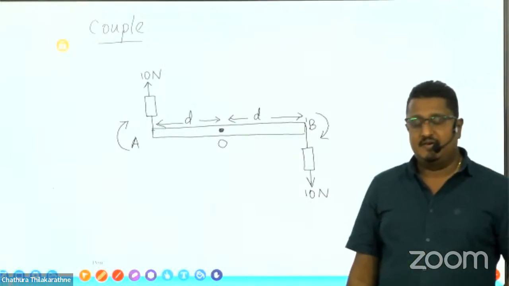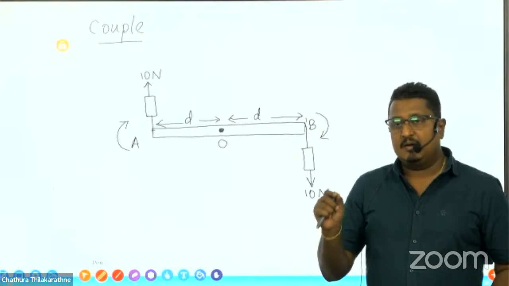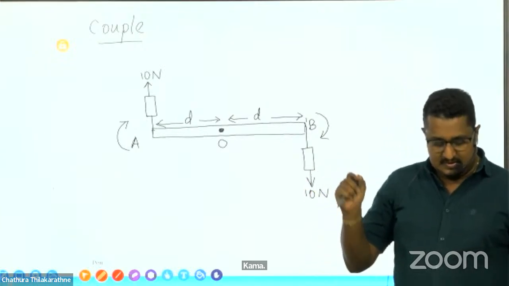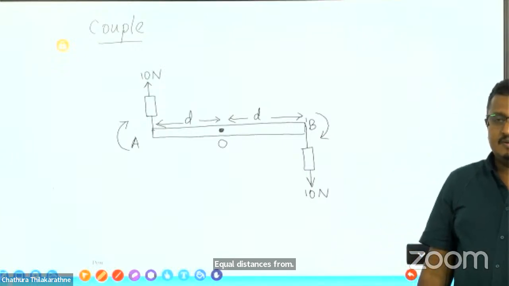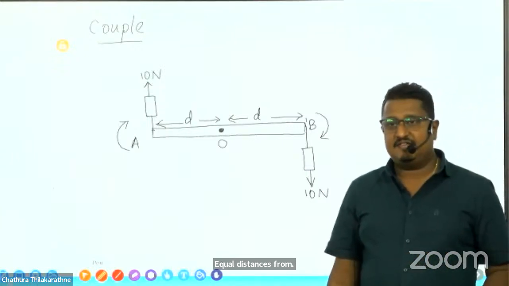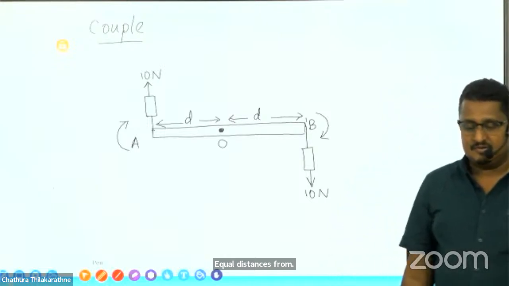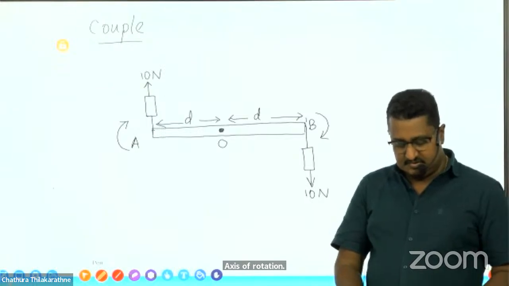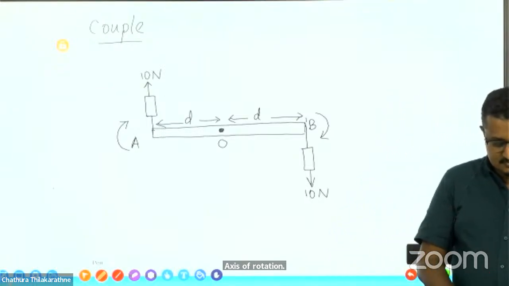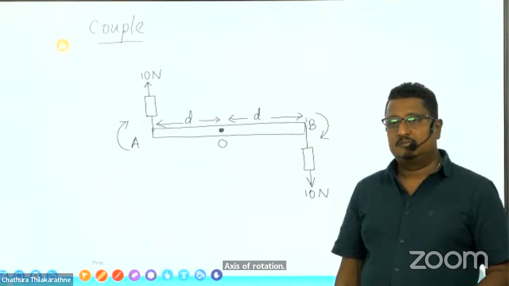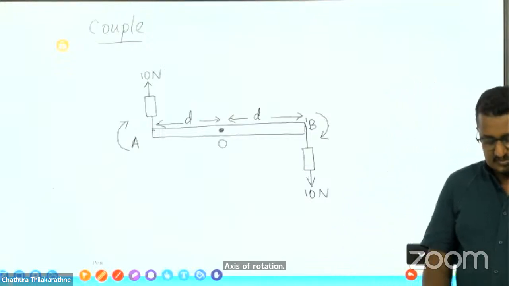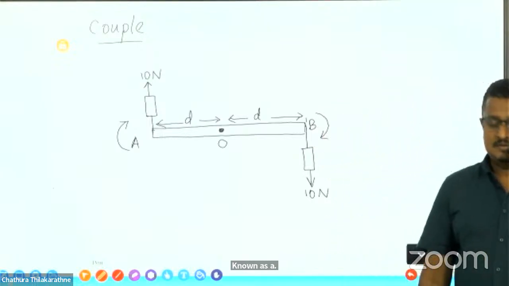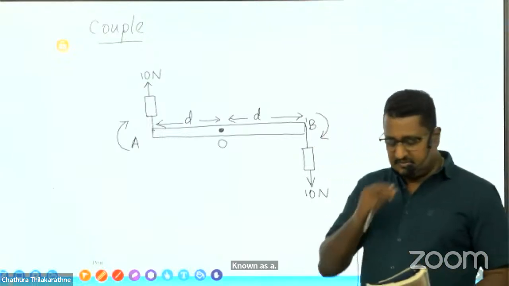Opposite directions, comma, equal distances from axis of rotation is known as a couple.